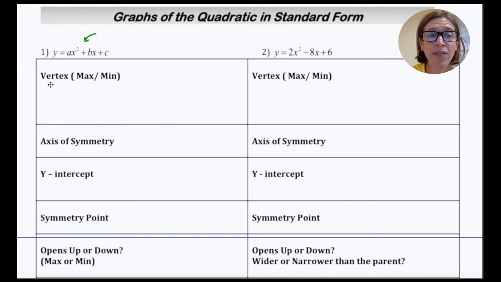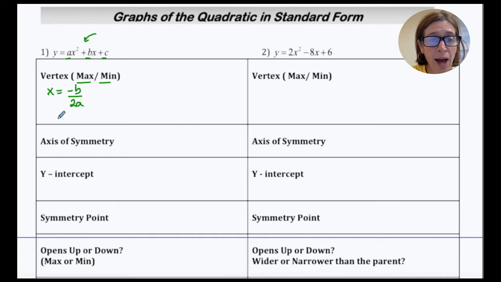Okay, so if I want to find the vertex, which we also now can refer to as the maximum or the minimum value, or the max or the min, we use the constants that are part of standard form to help us. So to find x, we do negative b all over 2a.